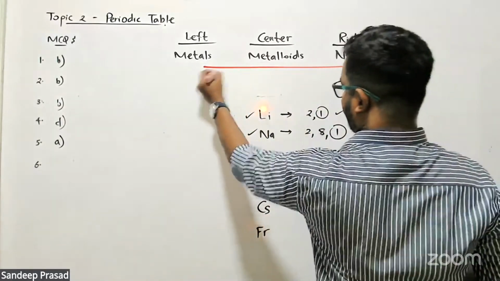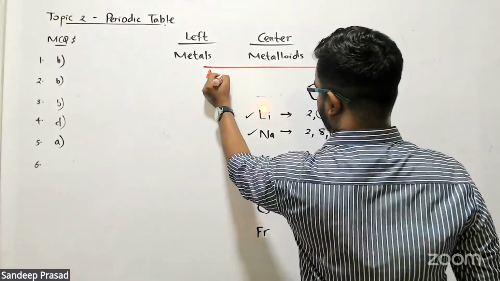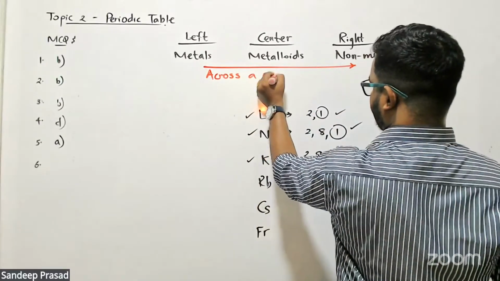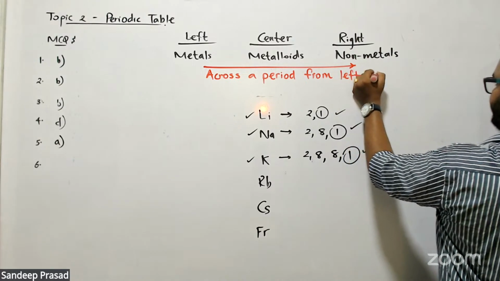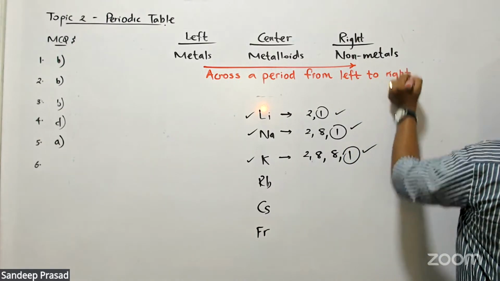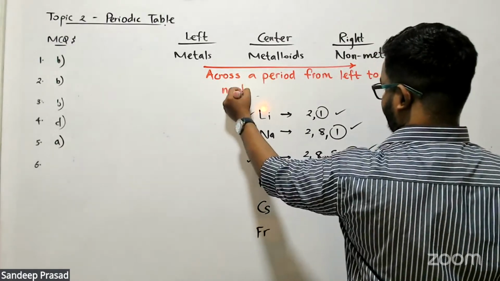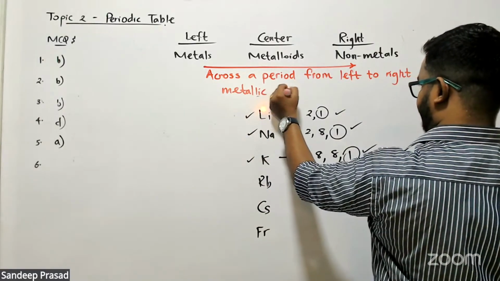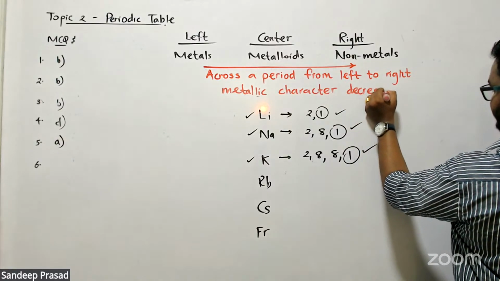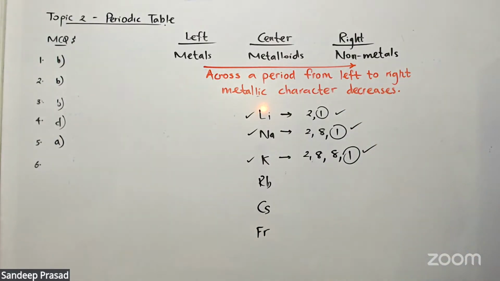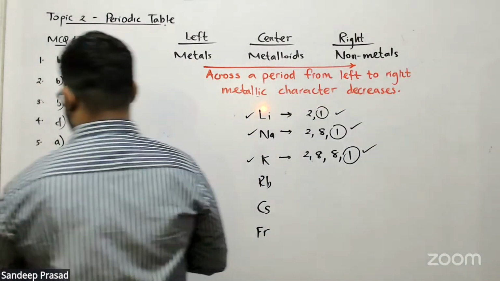Across a period from left to right, metallic character decreases. It is decreasing in this way. So therefore, question number 6, what is the answer? Answer is B.